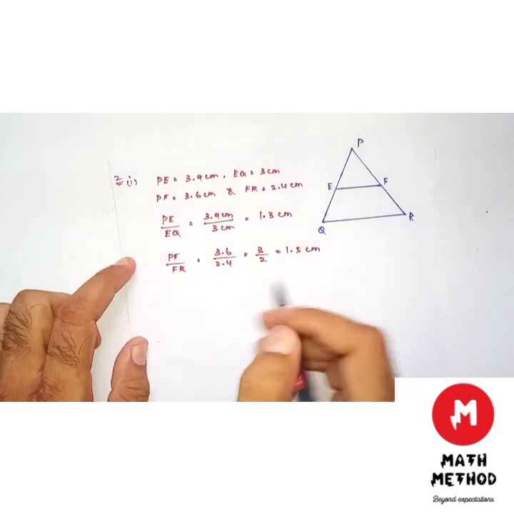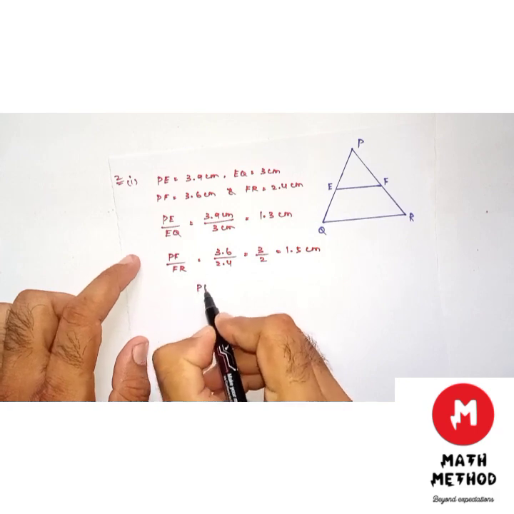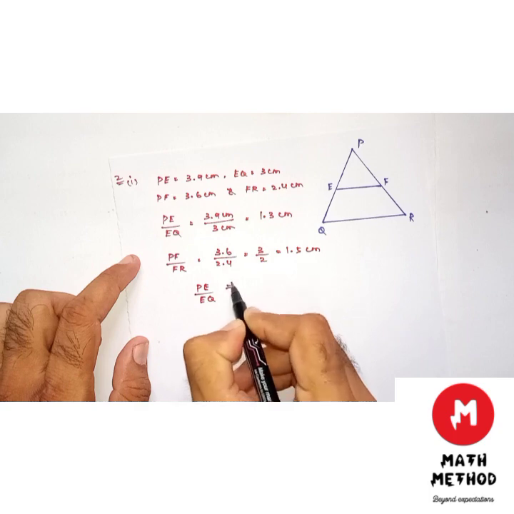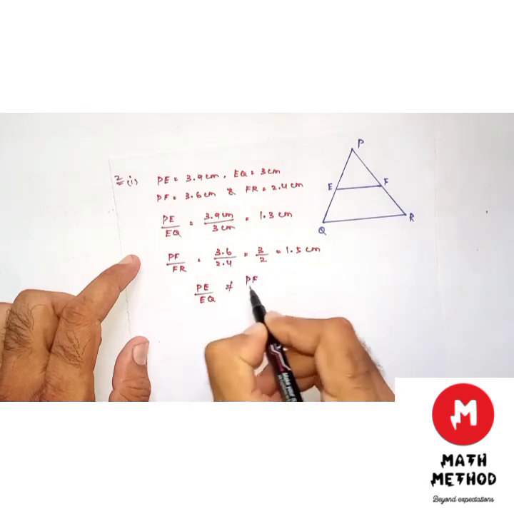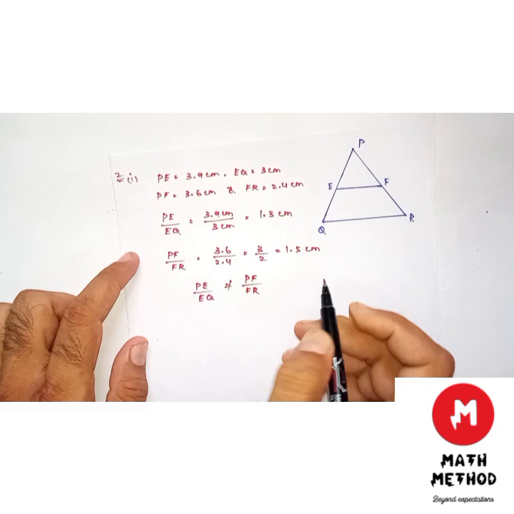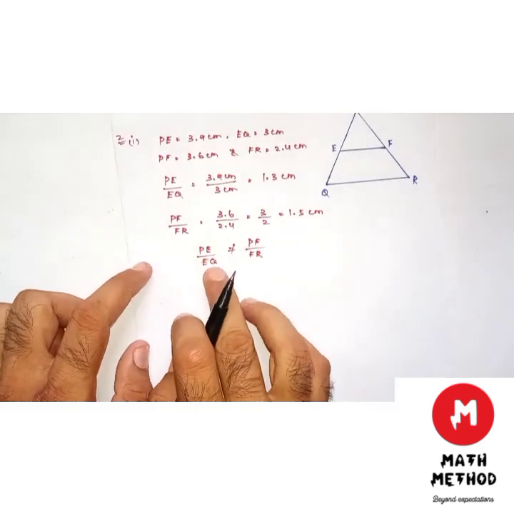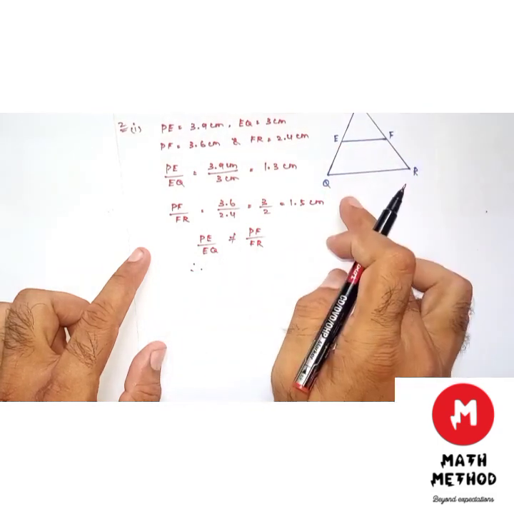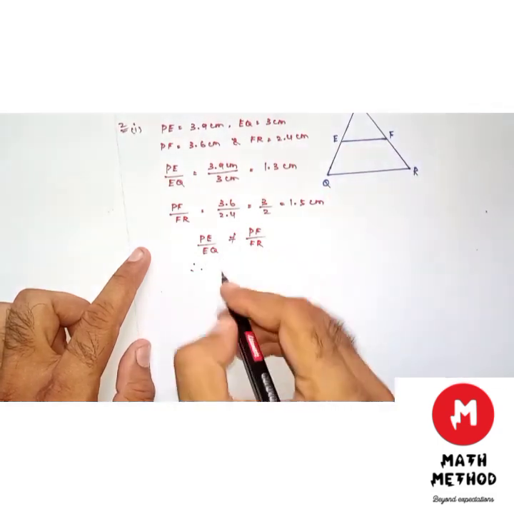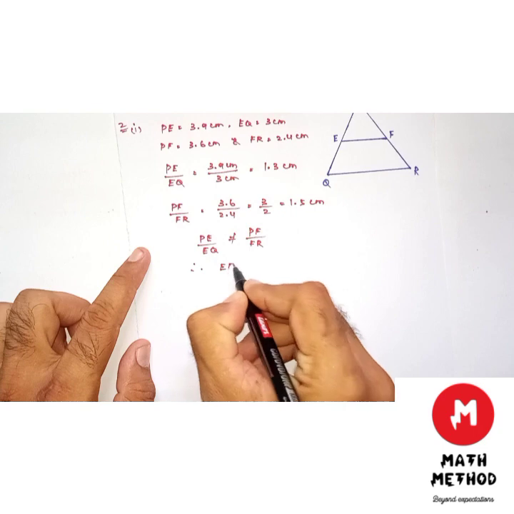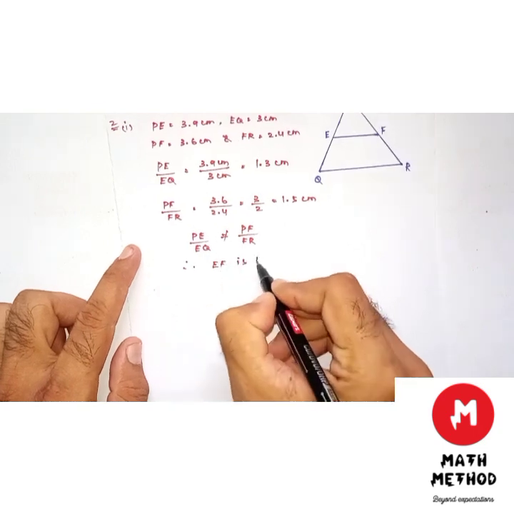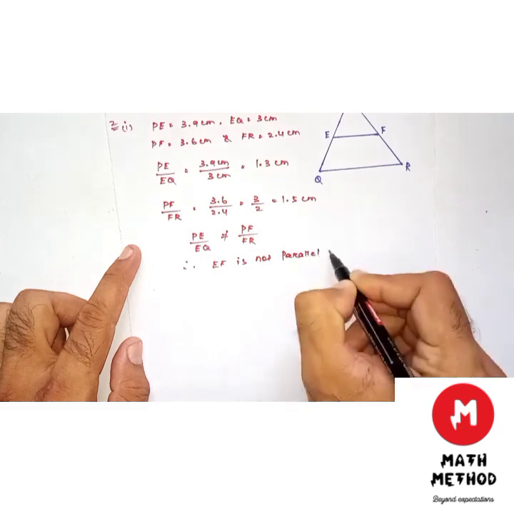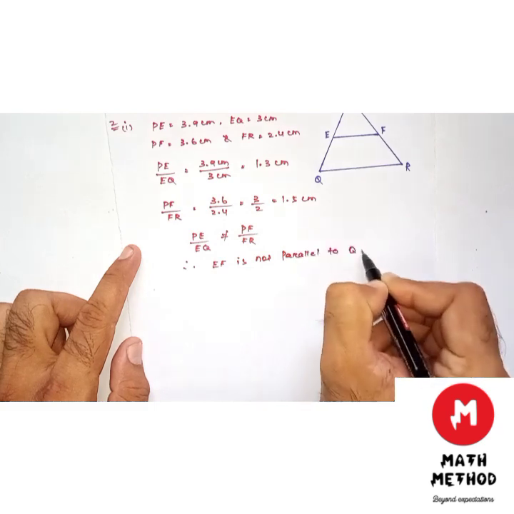Here it is clear that PE upon EQ is not equal to PF upon FR. So, if the corresponding sides are not in the same ratio, therefore EF is not parallel to QR. This is our answer.